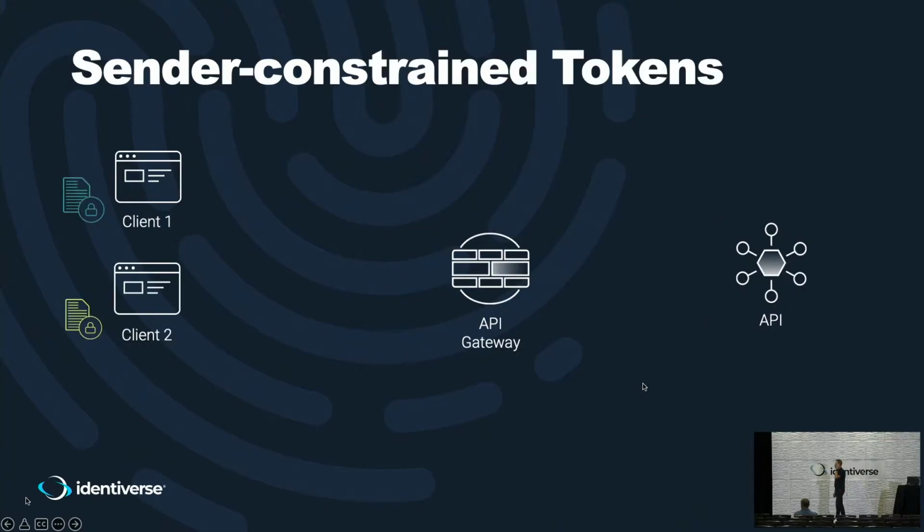In a sender-constrained token scenario, the token that the first client has is bound to that client, and the API gateway will check it and it's okay, because, we'll look into the details of how it does that later. But if client 2 steals this, the API gateway will deny it, even though the token could be perfectly valid.